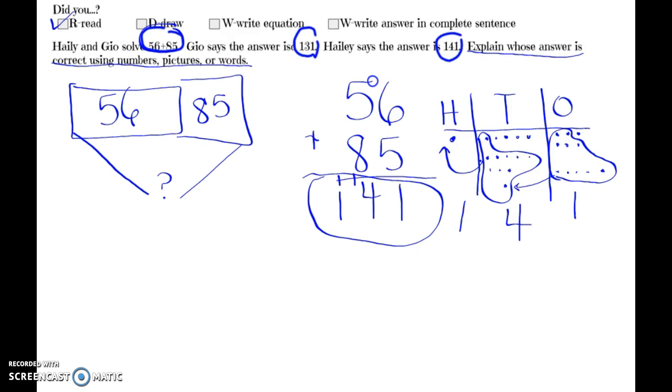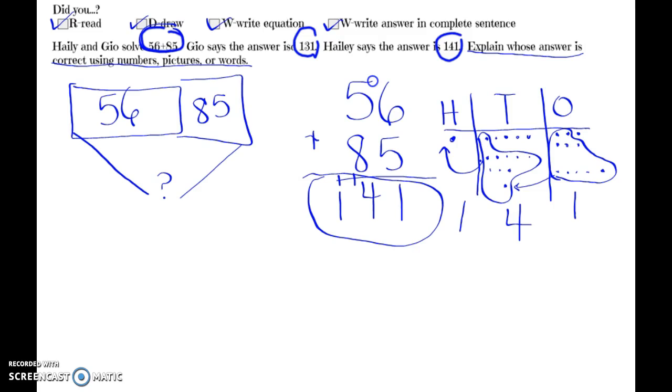Okay, so when I go back to my checkoff list, I know I drew out my problem. I wrote an equation. Last, I need to write my answer in complete form. After looking at the problem, I see that Haley is correct.